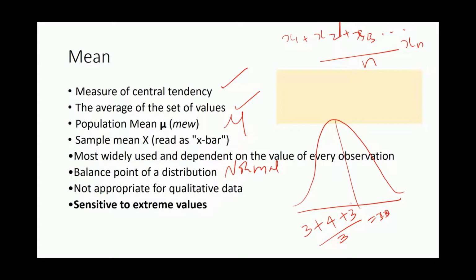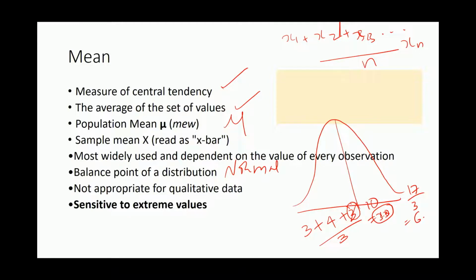Suppose one value was extreme here. If I replace this value with 10, then 3 plus 4 plus 10, 17, divided by 3, the average shifts to about 5.7. So even if there is an extreme value, the mean is always going to be affected.